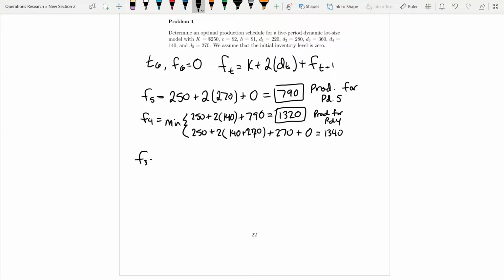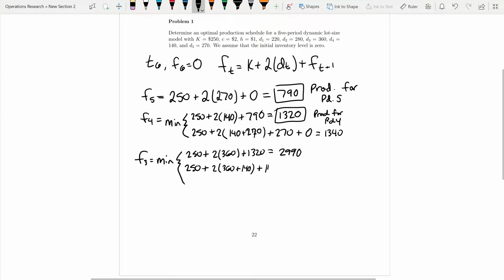Then we have F sub 3, which is going to be the minimum of: we can do 250 plus 2 times the demand, which is 360 here, plus that 1320 from above, which gives us 2990. We could also do, if we produce for period 3 and period 4 here, 2 times 360 plus 140, and then adding on that 140, and then plus that 790 from F sub 5.